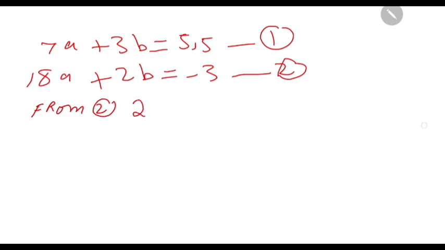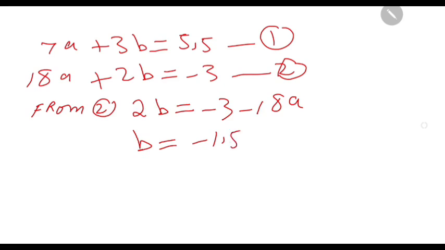So 2b = −3 − 18a, I move 18a to this side and it becomes −18a. Dividing both sides by 2 to isolate b, b = −1.5 − 9a. Now I substitute this b value into equation number 1. This is going to be my equation number 3. Now substitute 3 into 1.